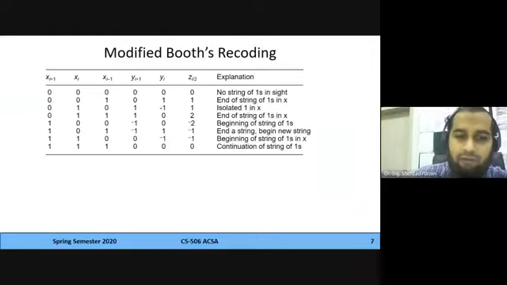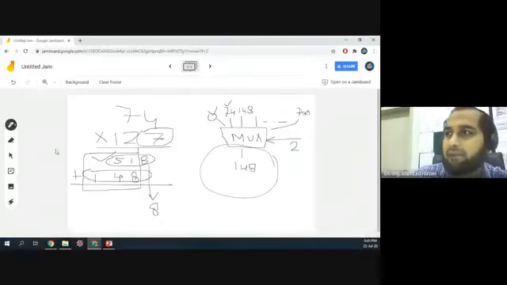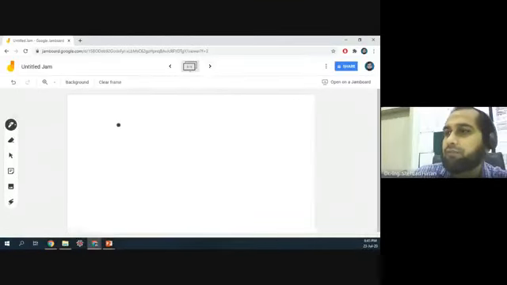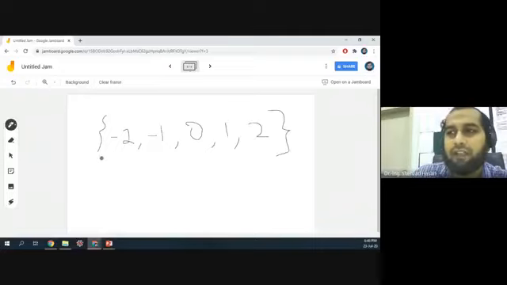So you're going to have 5 symbols here, and these symbols would be -2, -1, 0, 1, and 2. So these are going to be our 5 symbols, and we are going to convert that into this form.